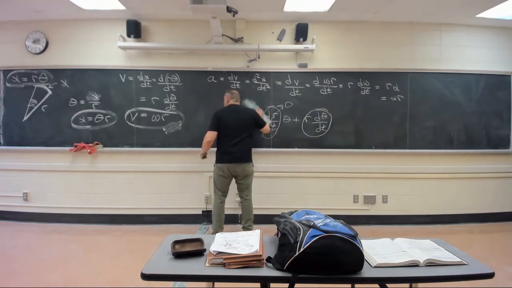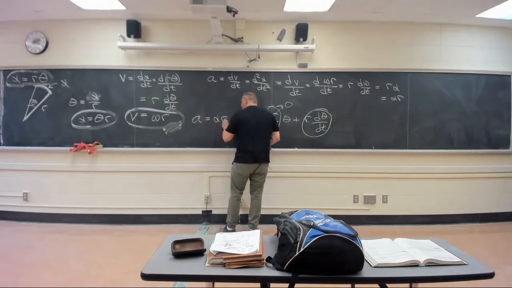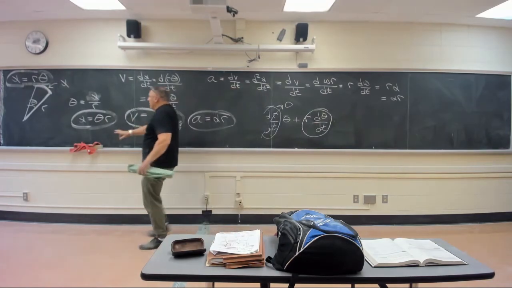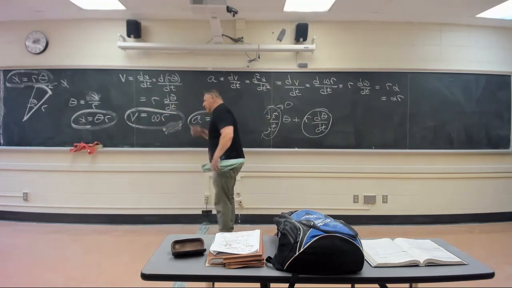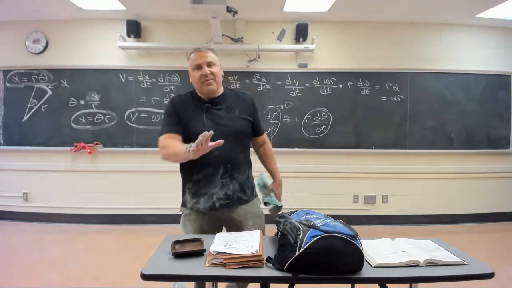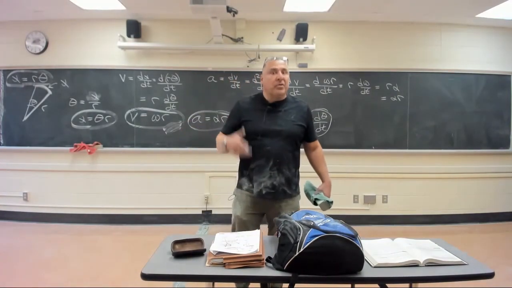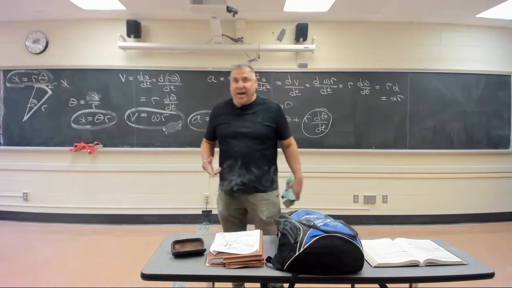So wait a minute, something's going on here. Here's linear, here's linear, here's linear. It's linear behavior, however, the stuff's still going around in a circle, if you allow me to say that. I'm just finding the linear speed as this thing goes around the racetrack that's a circular racetrack.